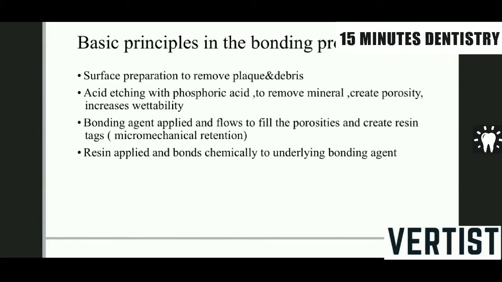The uniformly formed resin tags will give better micromechanical retention. Now after this, you are supposed to apply your resin matrix in different layers or different forms, and you are supposed to cure it. That is your curing of the bonding agent. And after putting your composite, you cure the bonding agent and then load the composite resin.